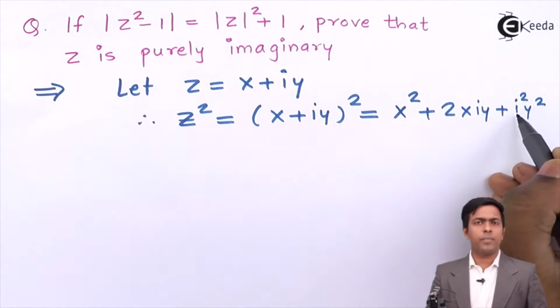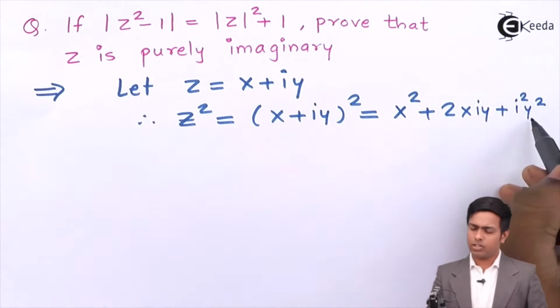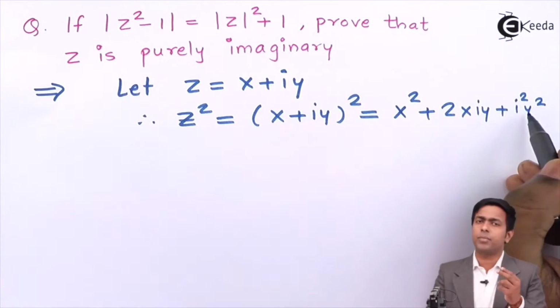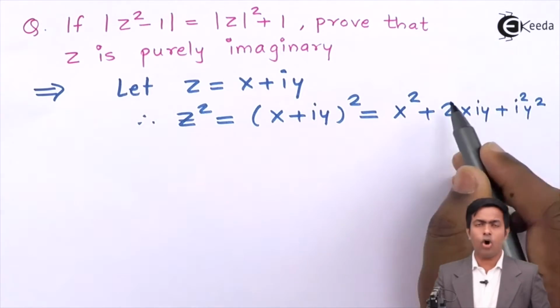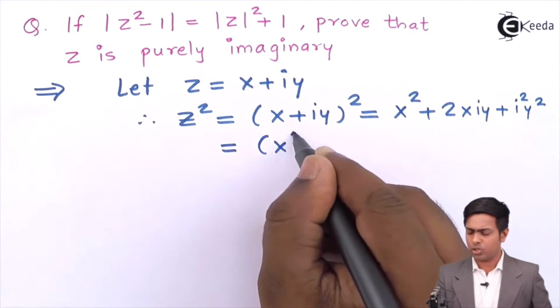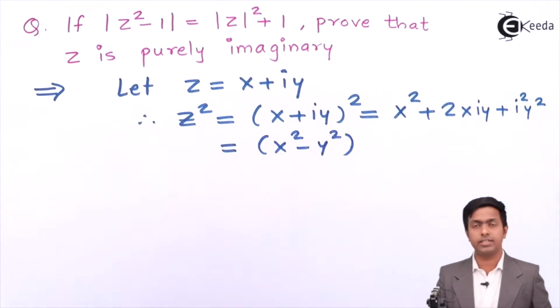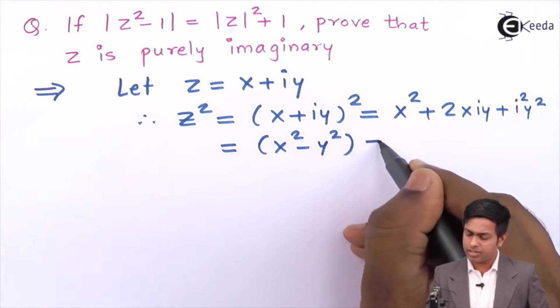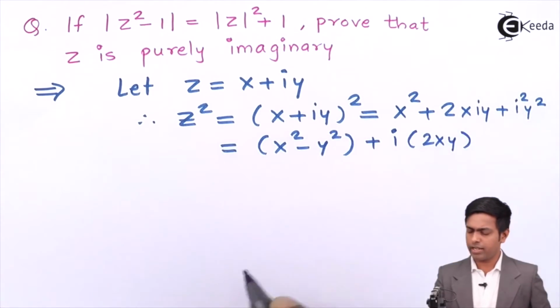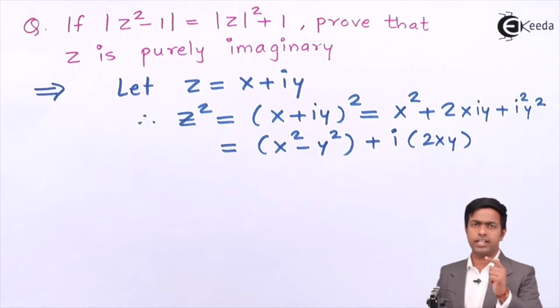If I put i square as minus 1, this will become minus y square, and that term becomes a real term. I'll take all real terms together. So here we get x square minus y square, that is the real term, and the imaginary term is i into 2xy. So guys, here we got the value of z square.